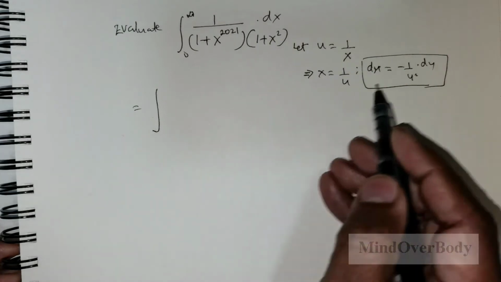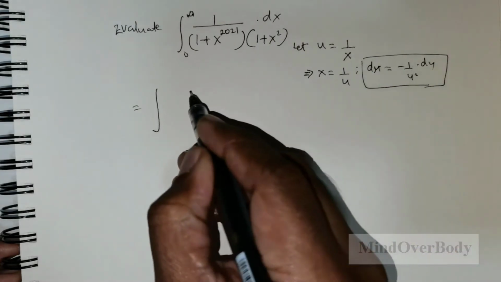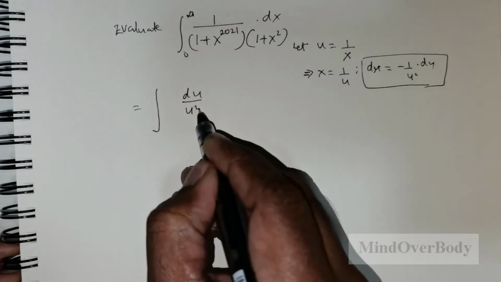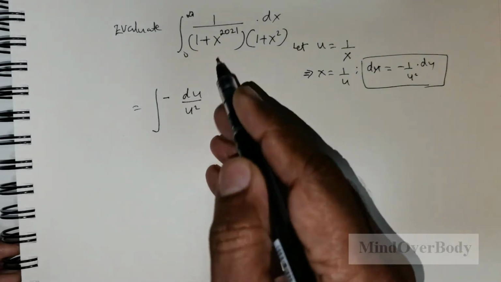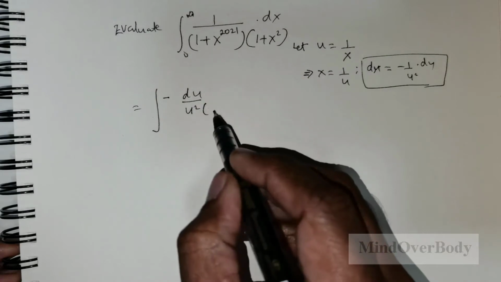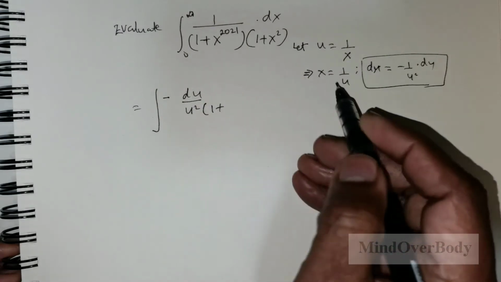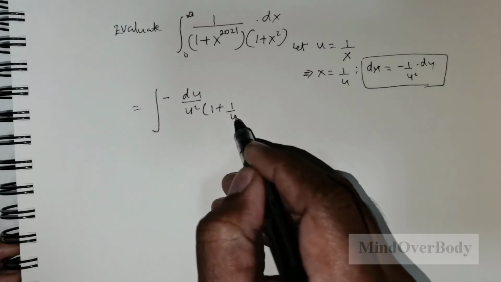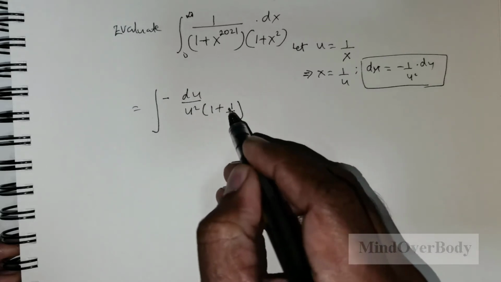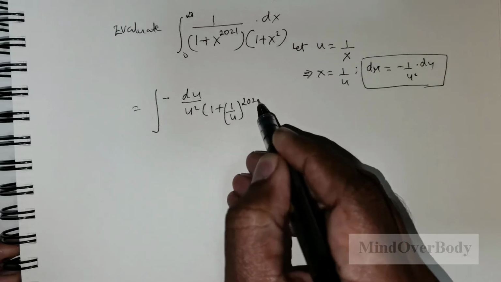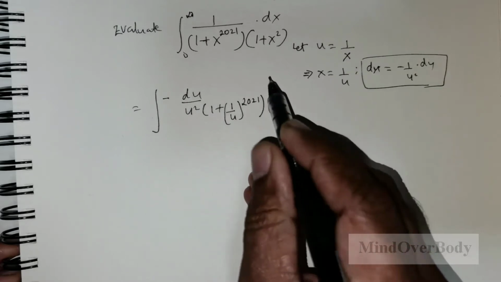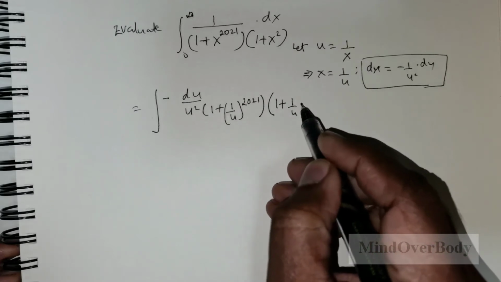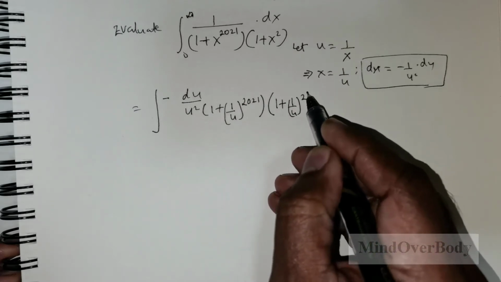In place of dx, I would be substituting du divided by u squared with the negative sign. And in place of x, it's going to be 1 over u. So I place 1 over u, raised to the power of 2021, close the parenthesis. Similarly, for x squared, it's going to be 1 over u raised to the power of 2.